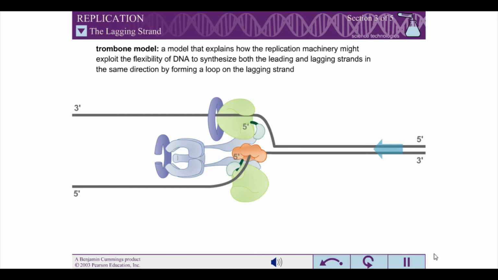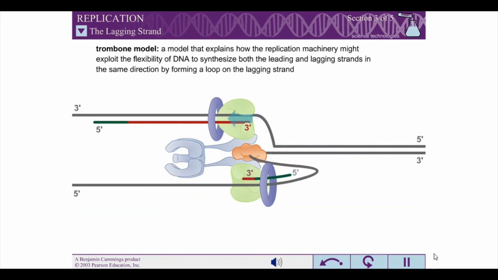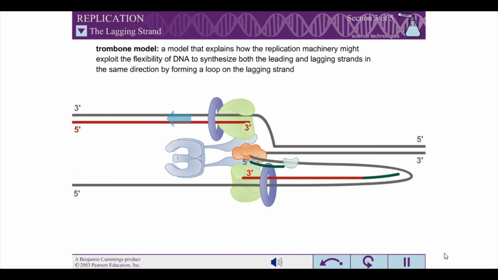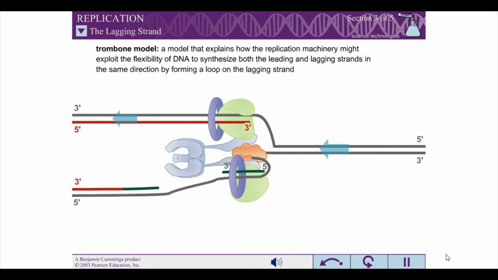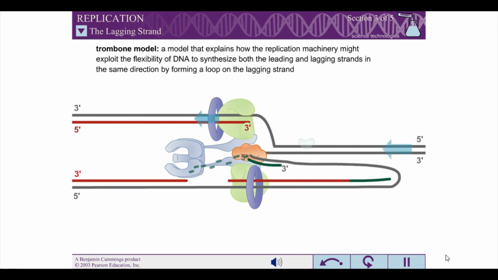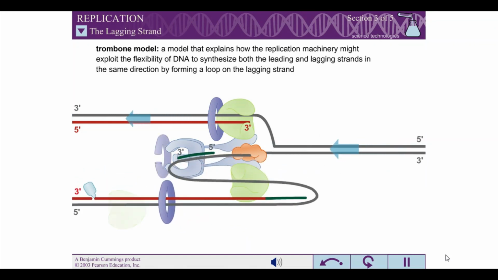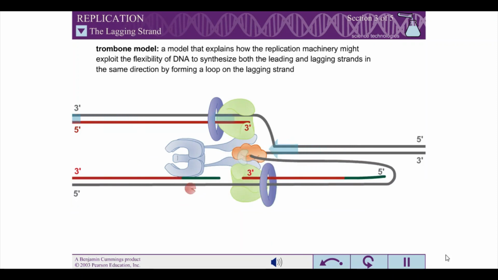The trombone model explains how the replication machinery might exploit the flexibility of DNA to accomplish this task. According to this model, the single-stranded DNA template for the lagging strand pulls through the DNA polymerase, similar to the slide of a trombone. This flexibility allows the DNA polymerase to add nucleotides to the 3' end of the growing lagging strand.